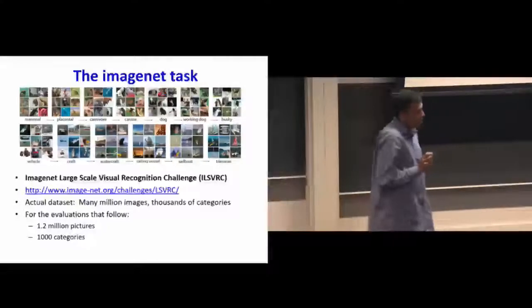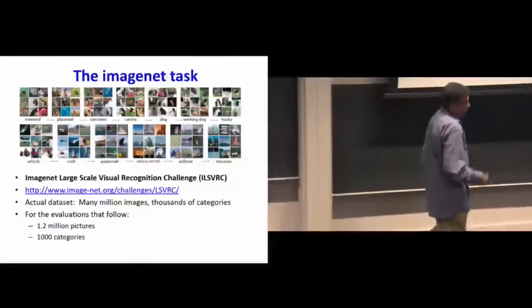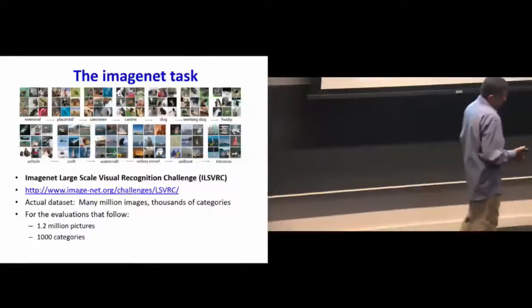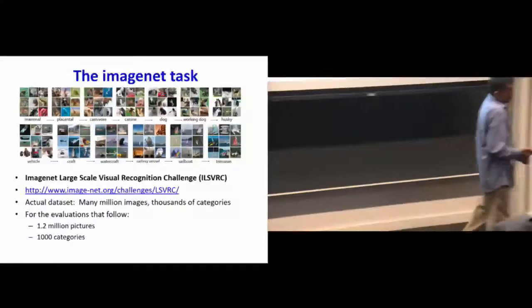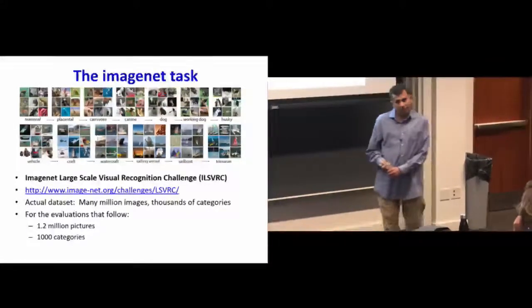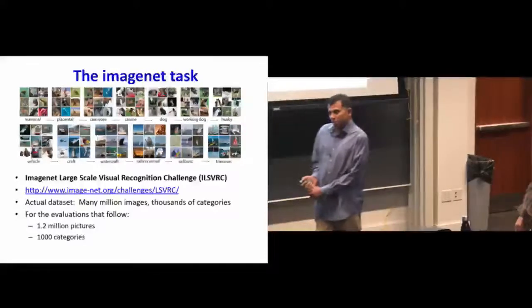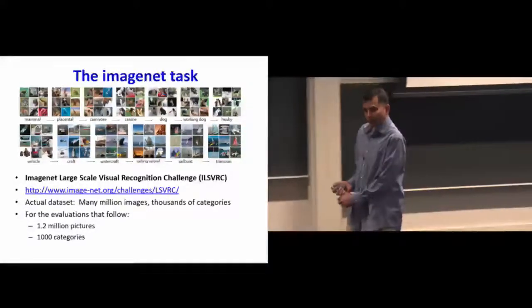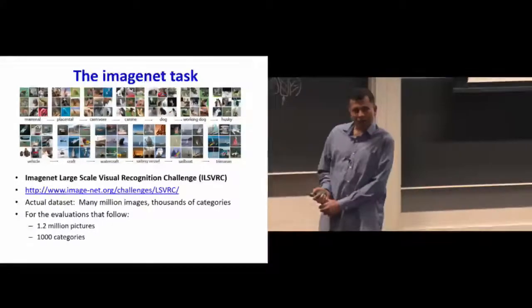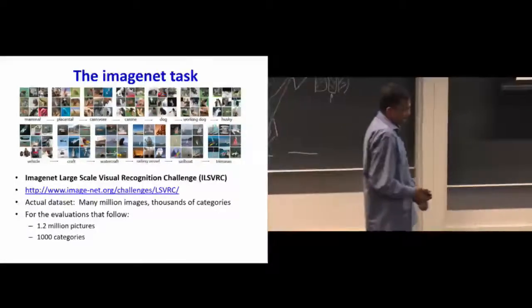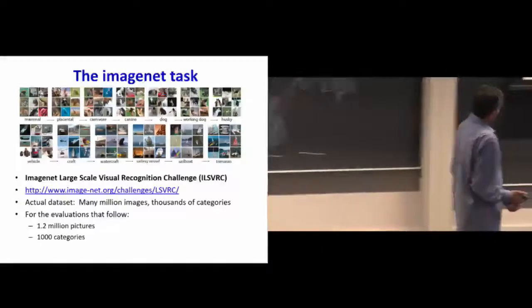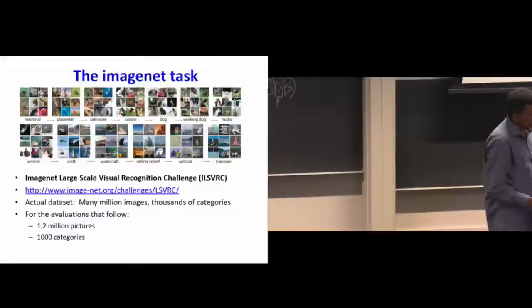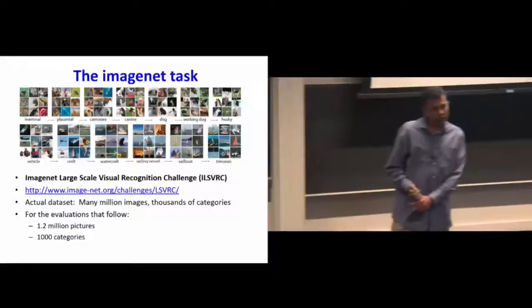But now, here's something much more interesting. People had been working on ConvNets. They were very familiar with ConvNets for the better part of 20 years. And they didn't really become very popular till they began trying them on the ImageNet task. Now, ImageNet is a task that was defined by Fei-Fei Li about 10 years ago, which includes millions of images and thousands of categories that have been downloaded from the web.